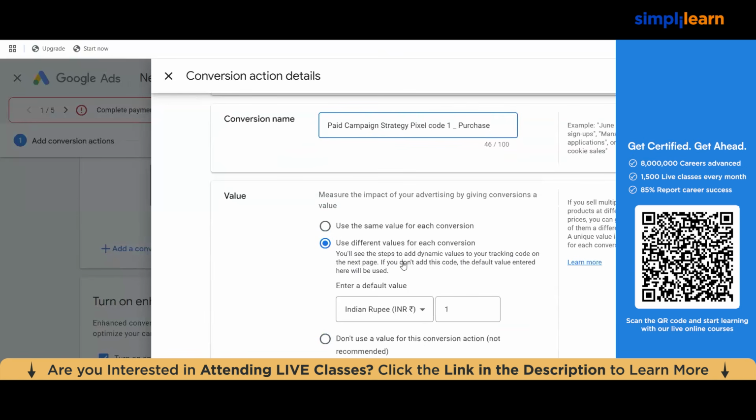This is very important. Right now, the click-through window is nothing. Many a time, what happens is that you have to decide whether you want to assign that purchase to your ad or not. Let's suppose somebody has seen your ad today and bought the product after 15 or 20 days. Would you like to give the credit to the advertisement?